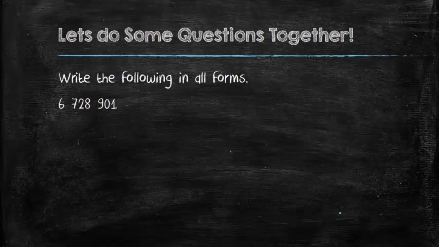Okay, let's have a look at some questions that we could do together. So write the following number in all forms. 6,728,901. Well, let's recognize that the question already gives us the answer to one of the forms. Remember, this is called the standard form, right? So it's already written for us in standard form. Well, how would we write it in number word form?